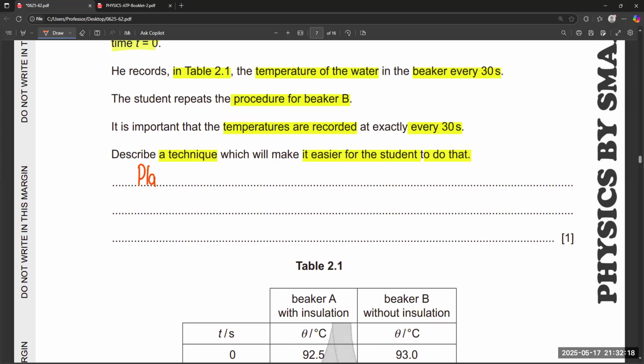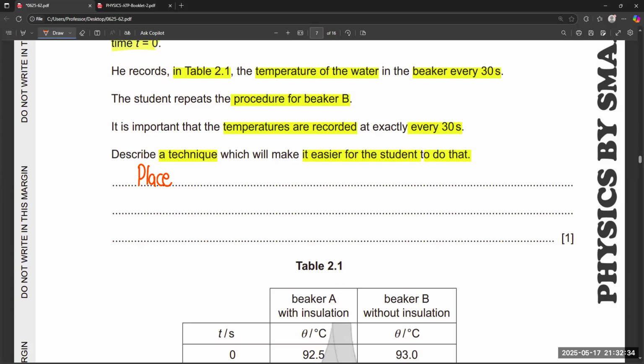For example, if you place the thermometer in the beaker and record the reading, then you remove the thermometer, it gains thermal reading from the surroundings. So that will give you a chance of error.